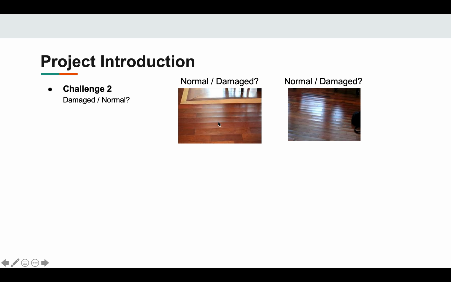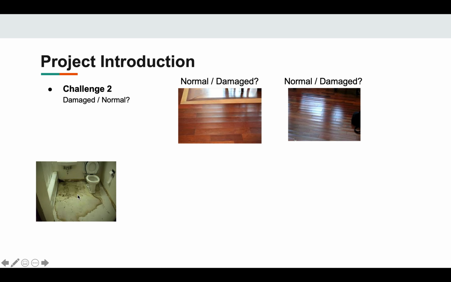If we tell the machine the first image is damaged, then how about the second image? There are some tiny lines as well, but I would say that the second image is a normal floor, so that will confuse the machine.